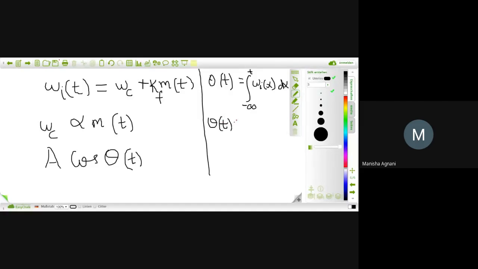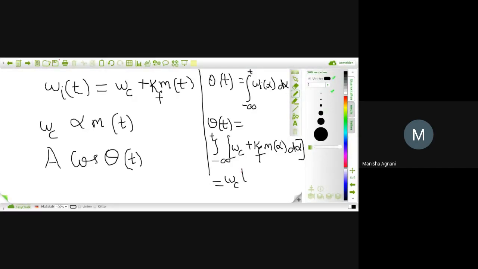My theta of t will be equal to the integral from minus infinity to t of the bracket omega c plus kf m of alpha, d alpha. What will I get after integration? I can take this integral inside. Omega c is a constant, so omega c times the integral from minus infinity to t of d alpha will be nothing but alpha, with the limits going from minus infinity to t.